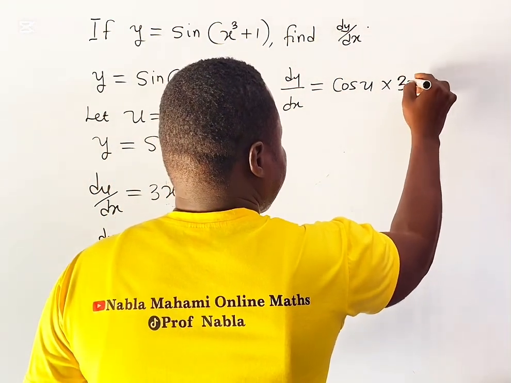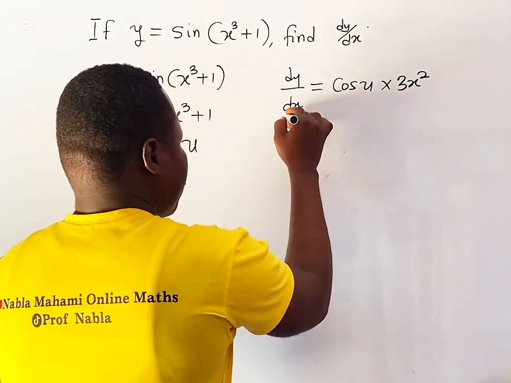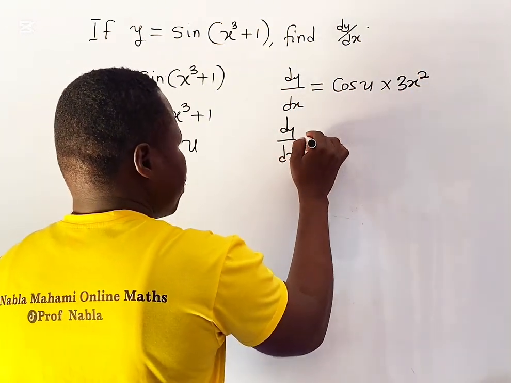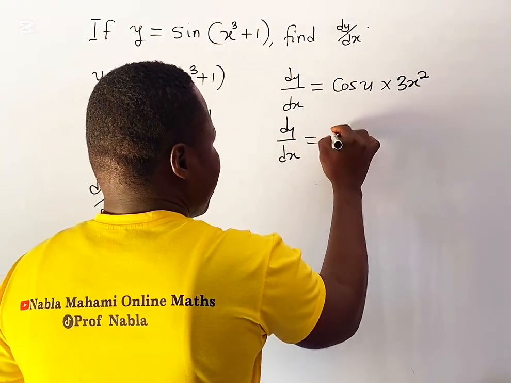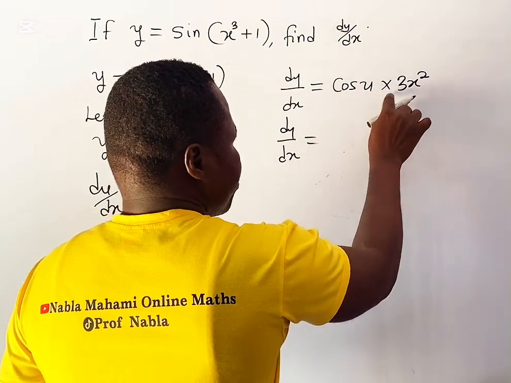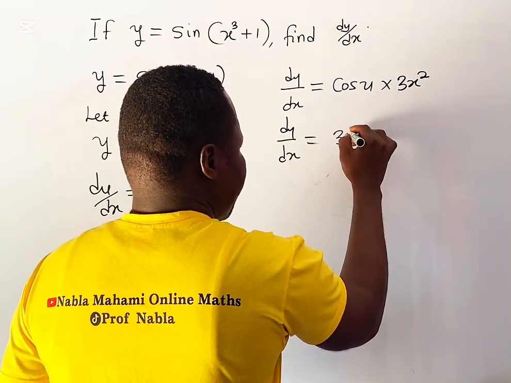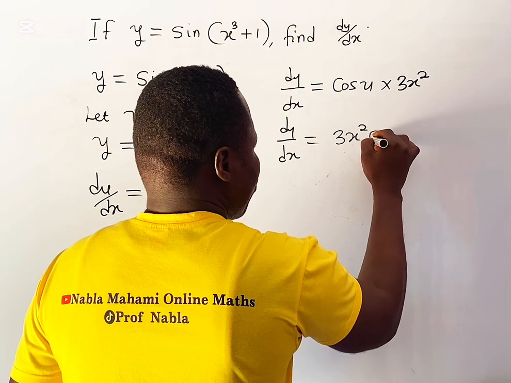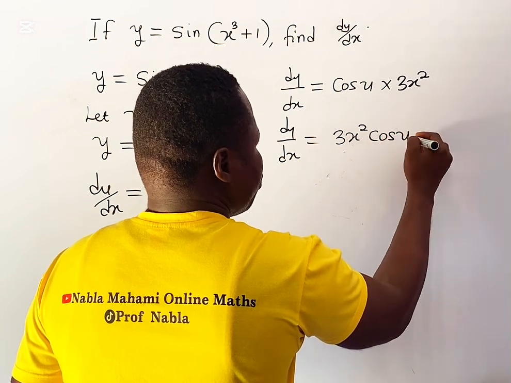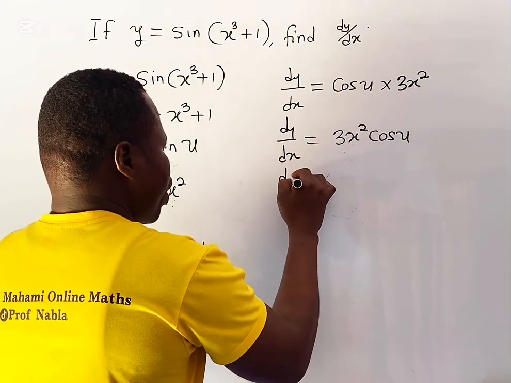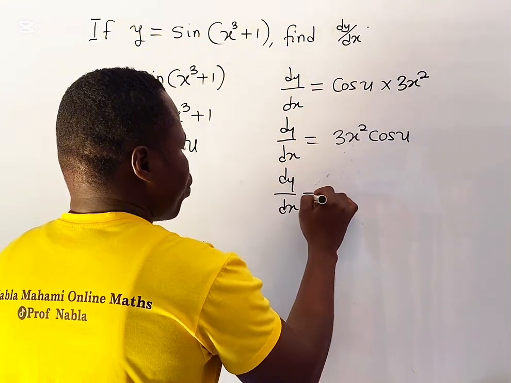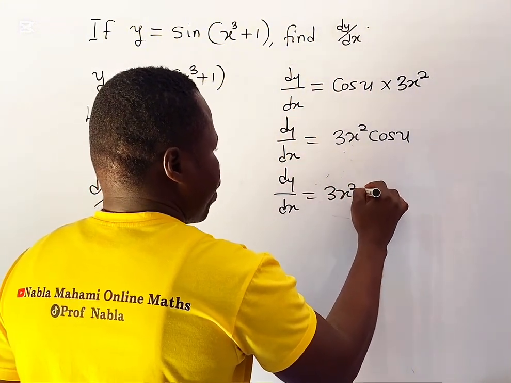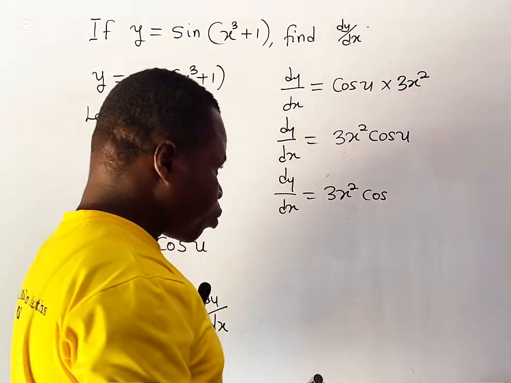That will give me 3x squared. Now dy dx, multiplying this, I will now have cos u times 3x squared. And I'll bring 3x squared followed by cos u. To continue, I have dy dx to be equal to 3x squared cos.